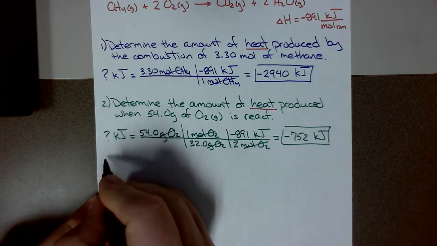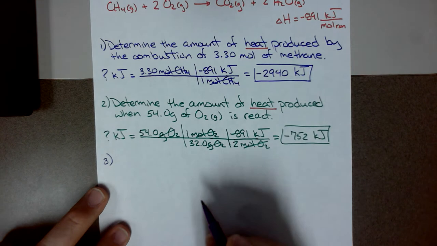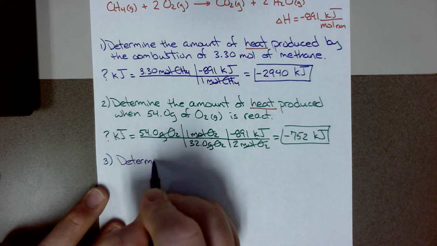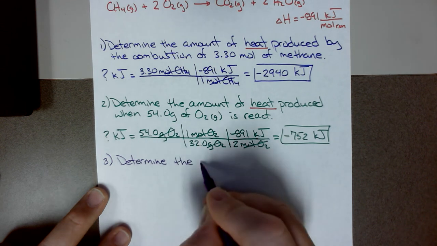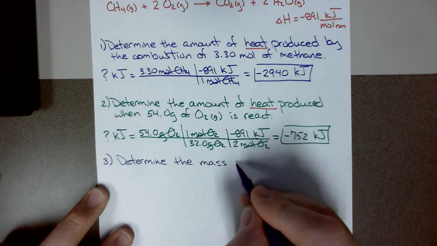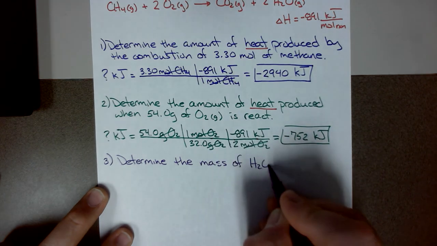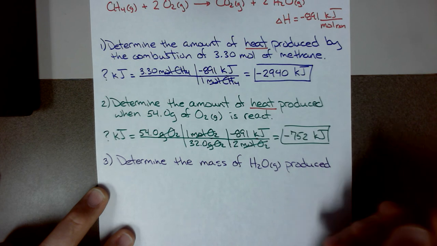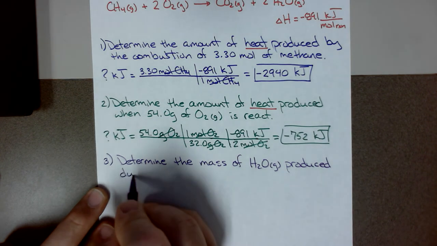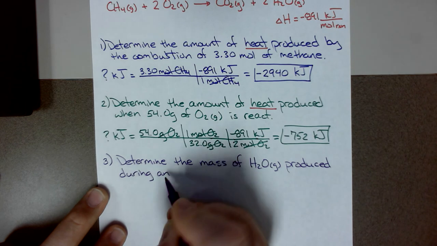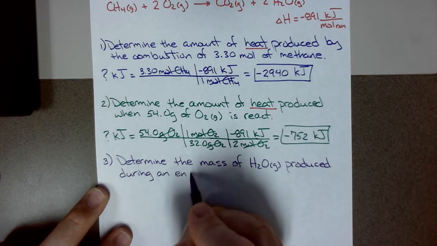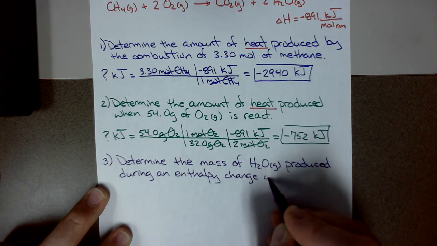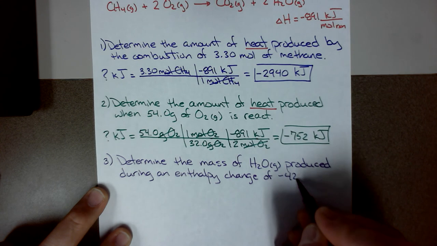Number 3. Determine the mass. So instead of looking at energy, let's say I wanted to determine the mass of water, H2O gas, produced during an enthalpy change of negative 423 kilojoules.